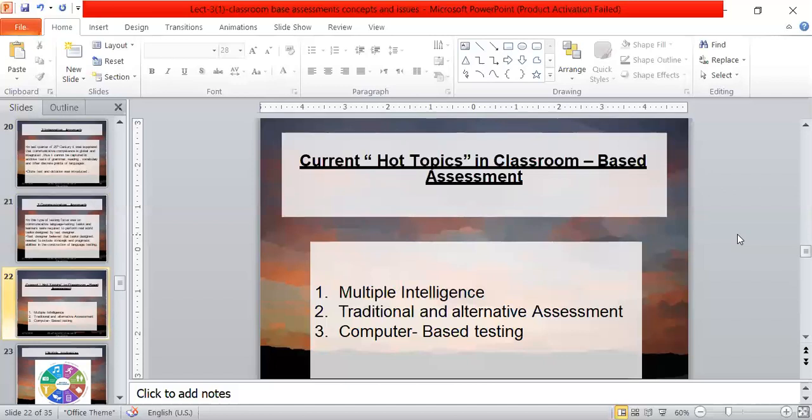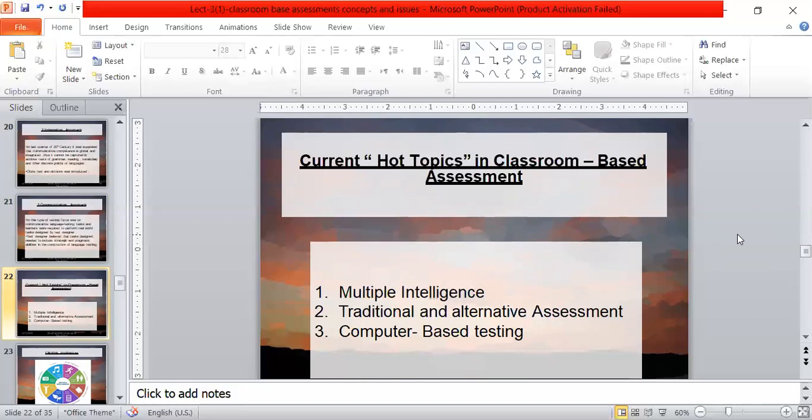Finally, the major focus of our session is classroom-based assessment. Earlier was just about knowing the assessment, its concept, its kinds, its depth, and other relevant components.